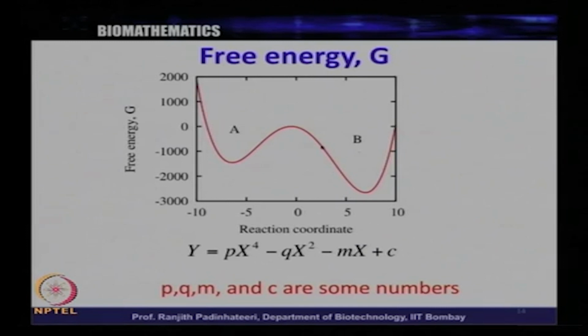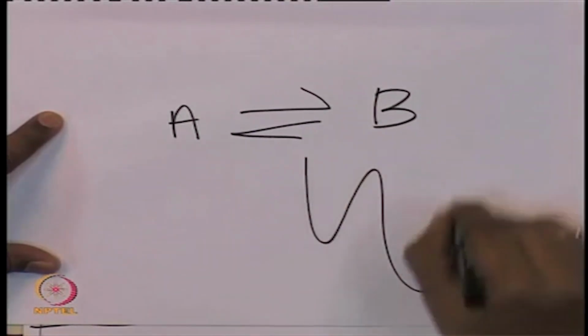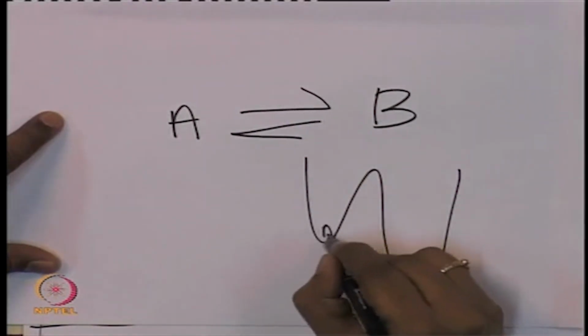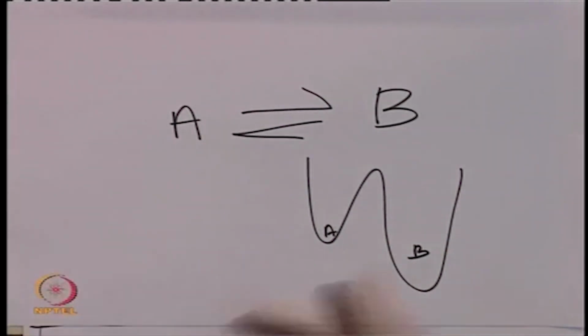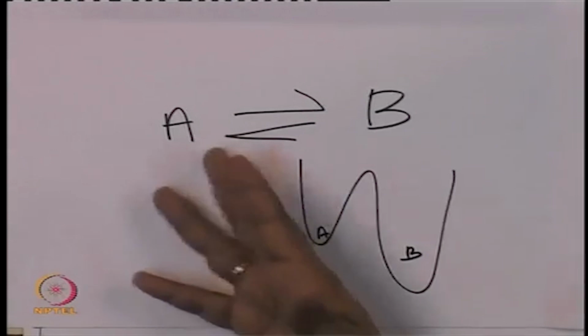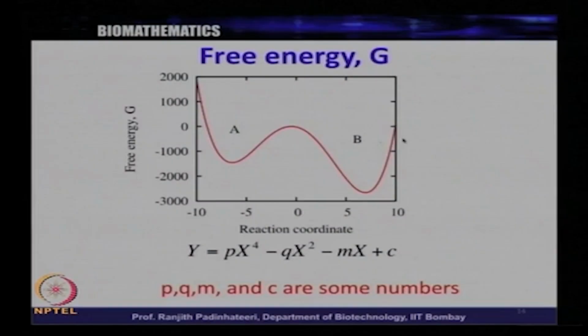In any reaction, let's say A going to B, we use this kind of diagram. This is state A and this is state B. So, this could be a protein having two shapes, or a chemical A converting to B and back. All this can be represented, and you see a free energy diagram associated with it, which has this particular shape.